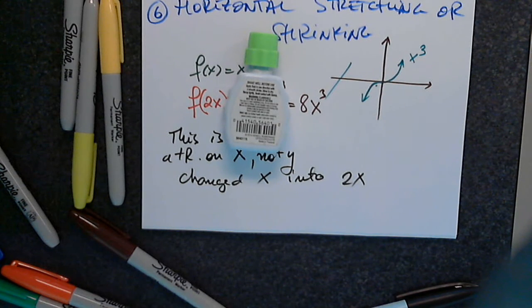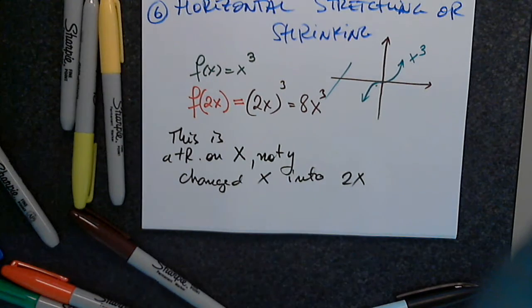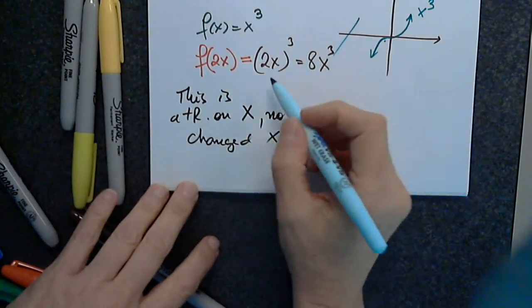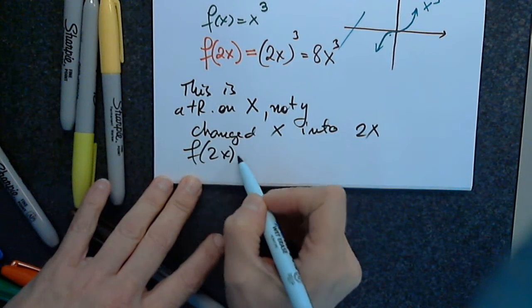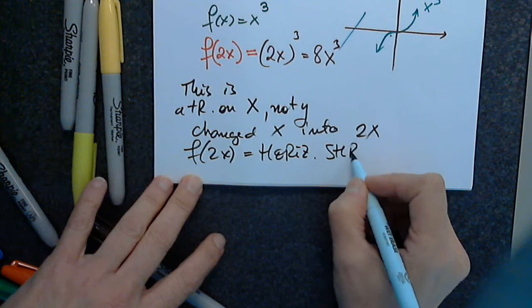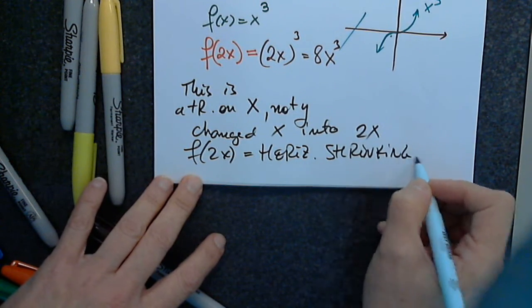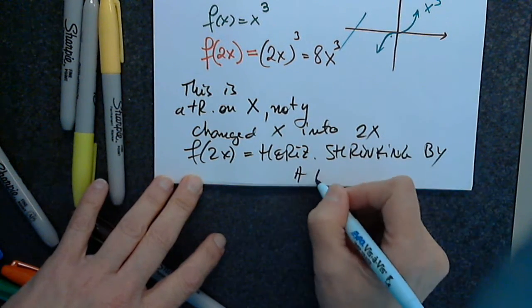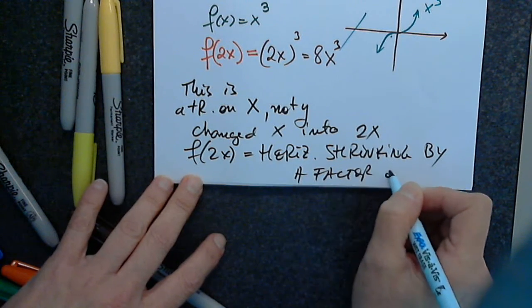Not really, right? So this is the most difficult one to understand. Okay? So when we change x into twice x, the graph shrinks horizontally by a factor of 1/2. So this f of twice x is a horizontal shrinking by a factor of 1/2.